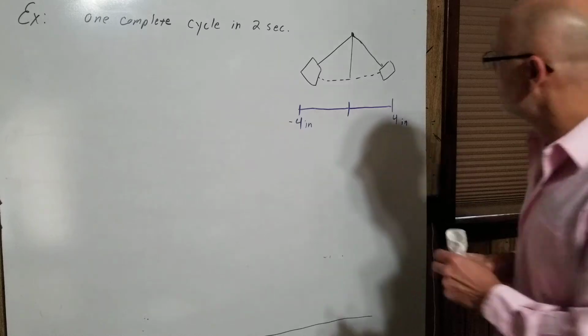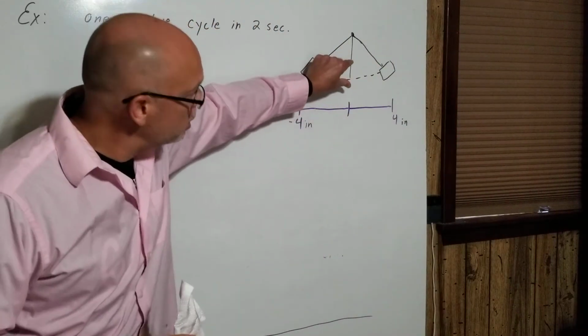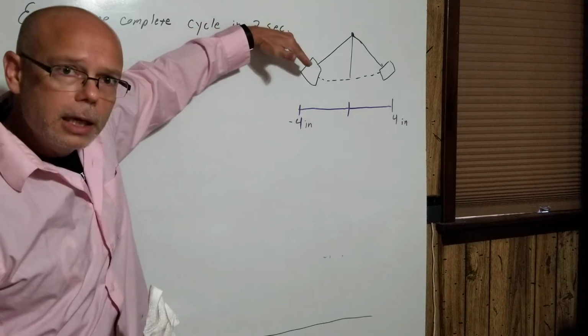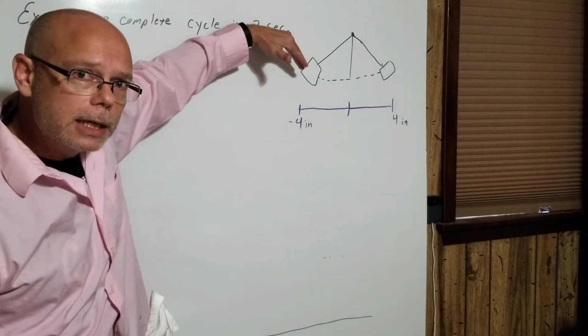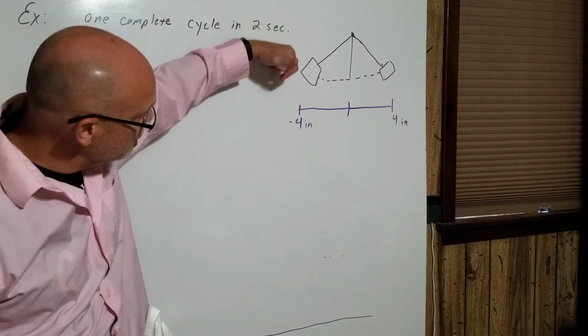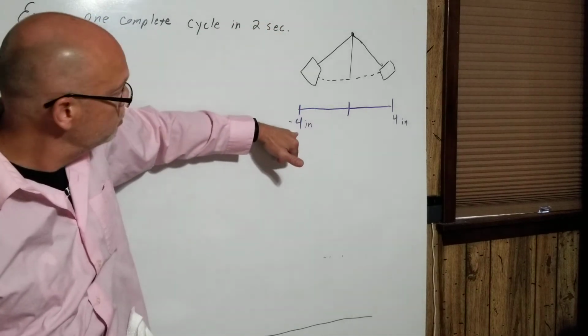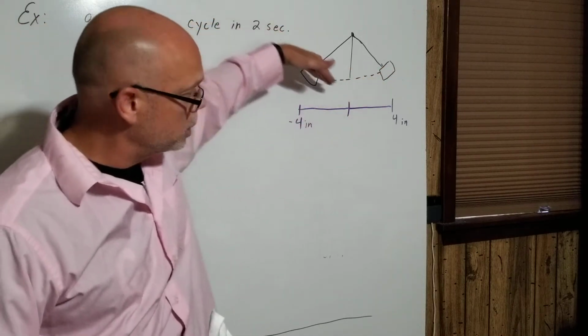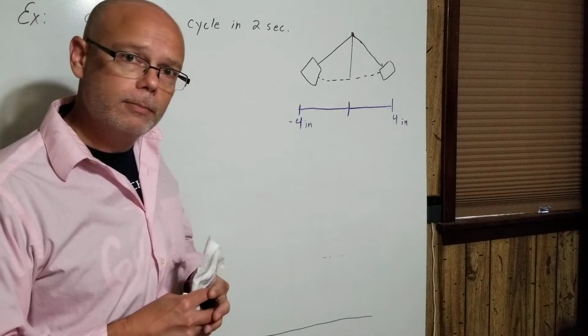So we grab this block that was at rest, pull it this way, and let it go. The moment we let it go, we say that's time 0 seconds. So time 0 seconds is at negative 4. Then it swings back and forth and back and forth.